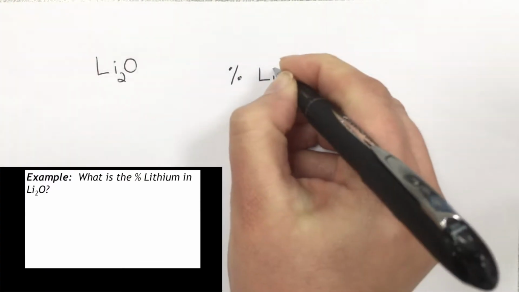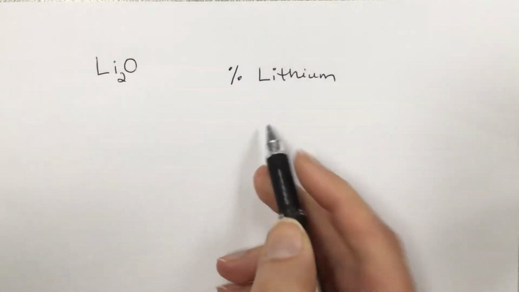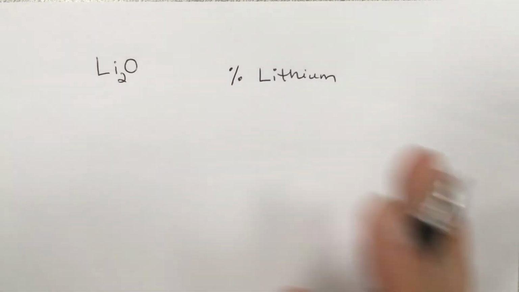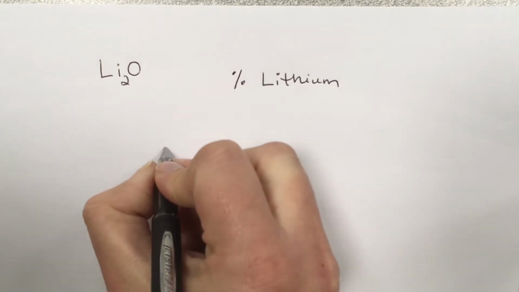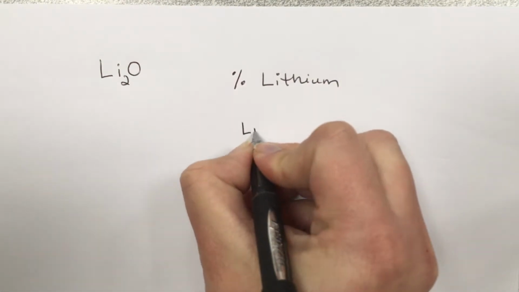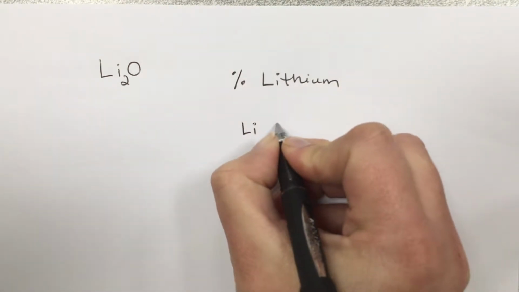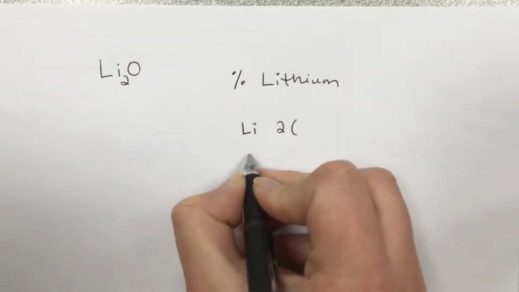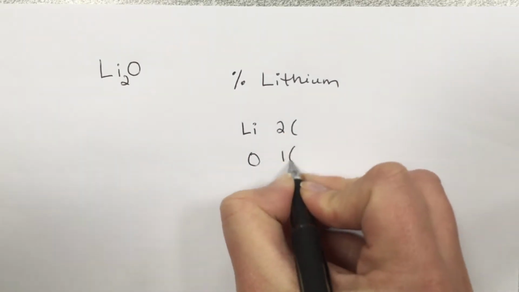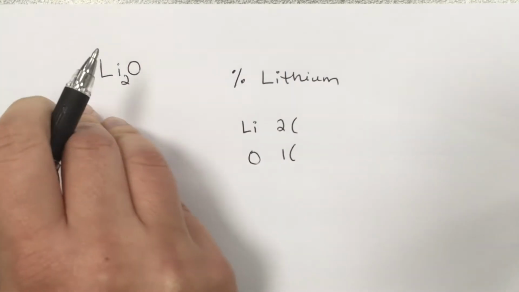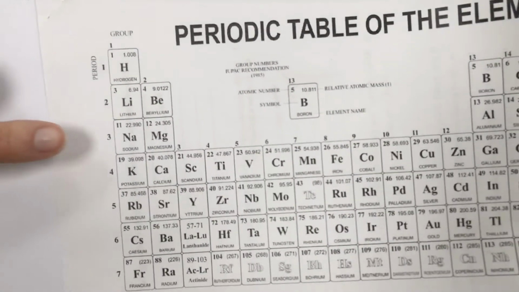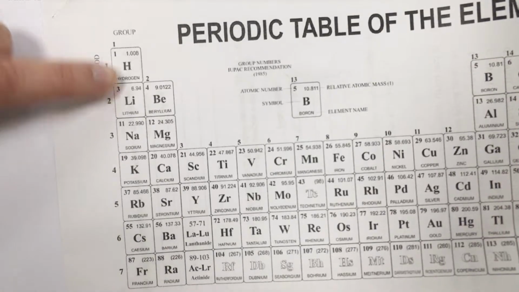Okay, so what we're going to do is we must first find out how much the molecule weighs in general. Let me get my periodic table. So we have lithium, and we have 2 atoms of it, and we have oxygen, but we only have 1 atom of it. So lithium is here, and it weighs 6.94.